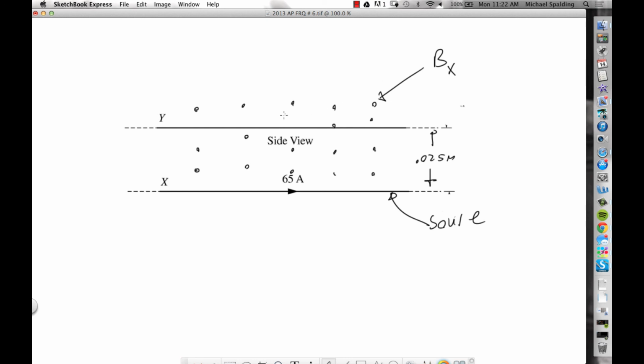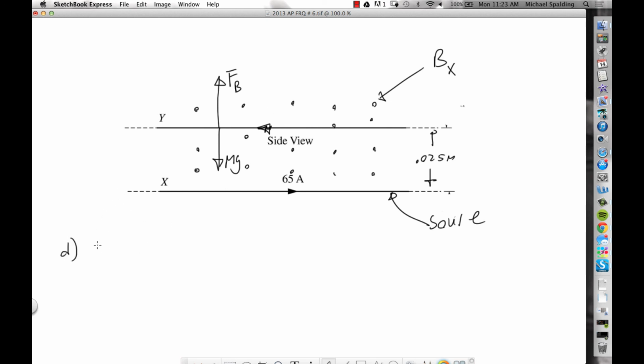So now look, if we look at wire Y, mg down, so we need the force of the magnetic field to be up still. But now which way must the current be going? So now you got to do right-hand rule number 1. So your 4 fingers are coming out of the paper, your palm is up. Which way is your thumb pointing? To the left. So the answer to this question is the current in wire Y must be reversed.